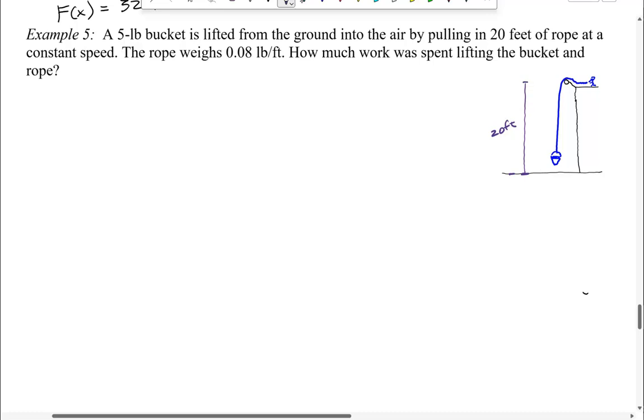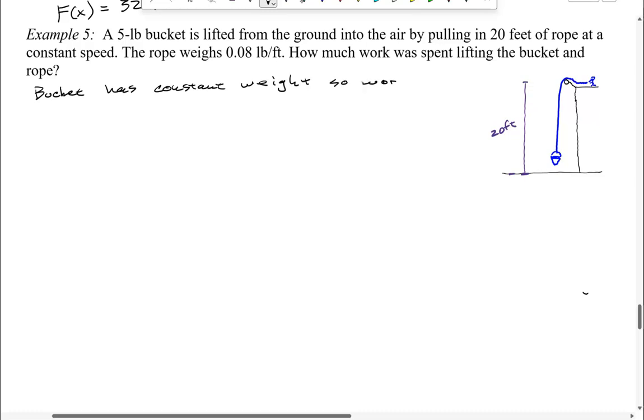And we're going to first, just thinking about this, if we're doing work, we know we have to integrate a variable force. Now the bucket is a constant weight. So let me write a couple things and I'll explain as we go. But the bucket has constant weight.